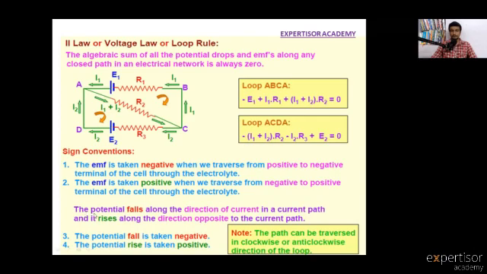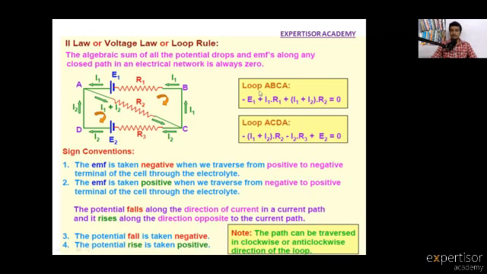Next, the potential falls along the direction of current in a current path and rises along the direction opposite to the current. So if my loop direction is opposite to the current direction, then the potential is positive, otherwise negative. The potential fall is taken negative, and the potential rise is taken positive.